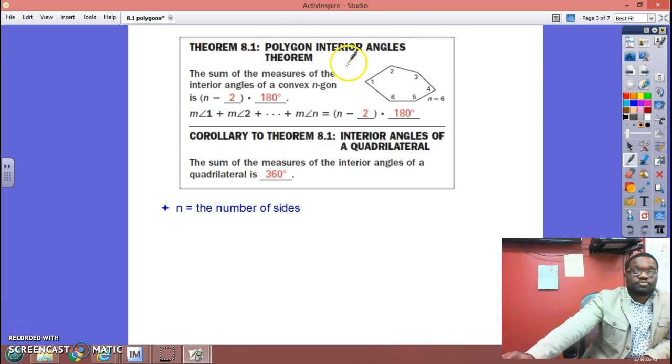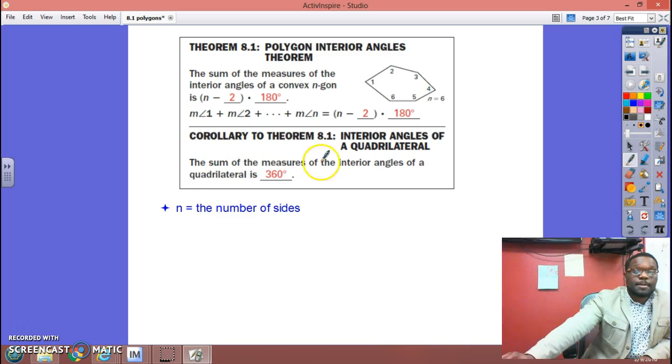Now this is an important formula or theorem here. The sum of the measures of the interior angles of a convex, it has to be convex, everything's on the inside, n-gon, meaning whatever number of sides you have, you can find by using this formula: N, or the number of sides you have, minus 2 times 180.